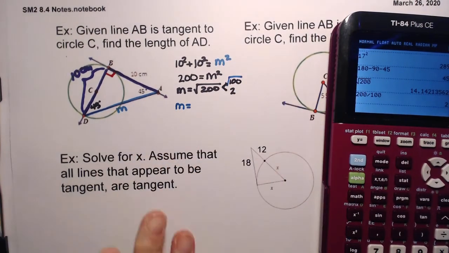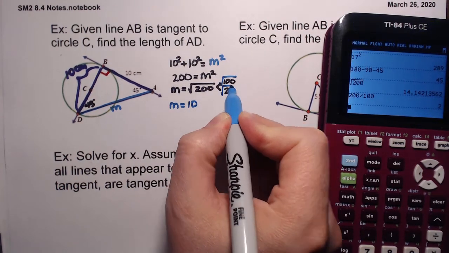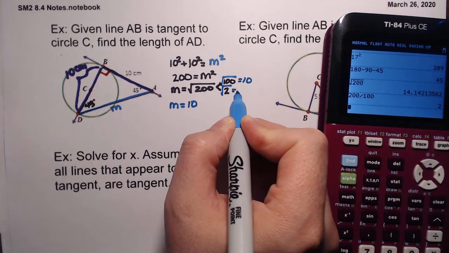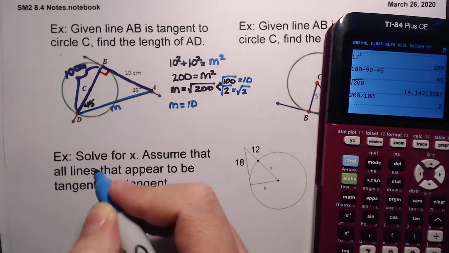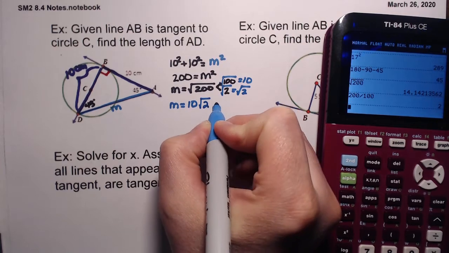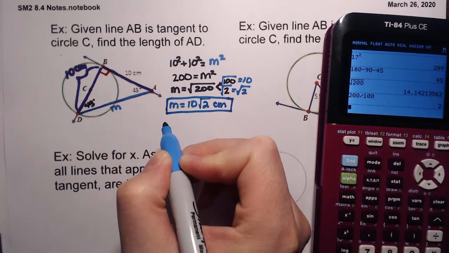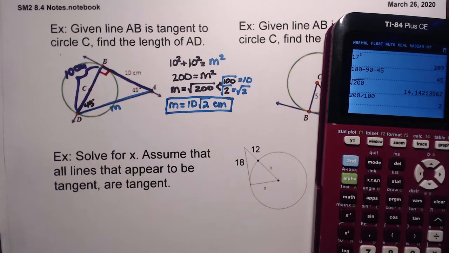Well, the square root of 100 is 10. The square root of 2 is just square root of 2. That's the part that I can't really simplify. And then the units here are centimeters. And that's the length of AD.